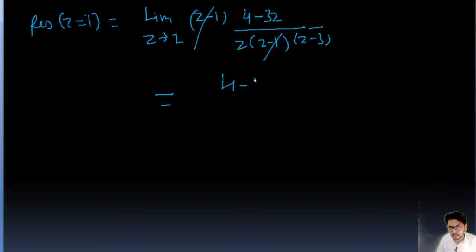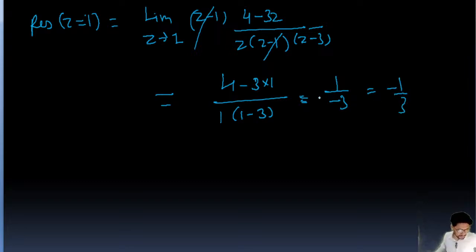So 4 minus 3 into 1 upon 1 into (1 minus 3), which is 1 upon minus 2. So the residue is minus 1 by 2.